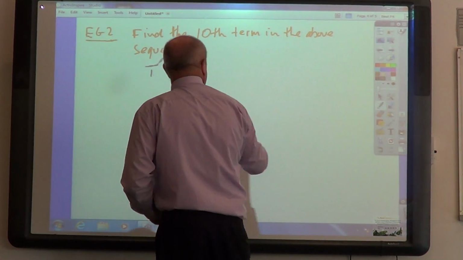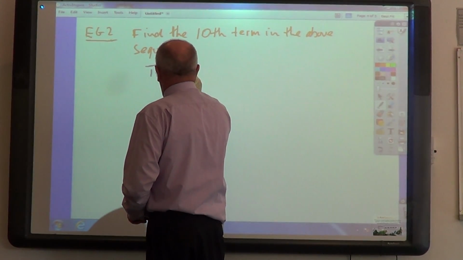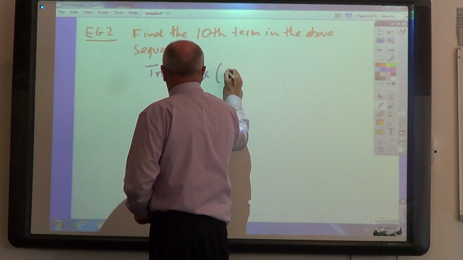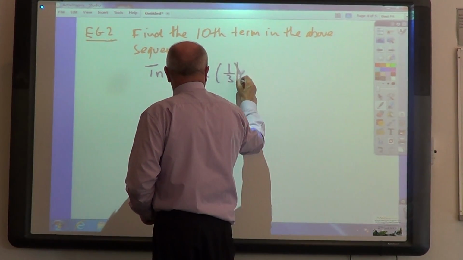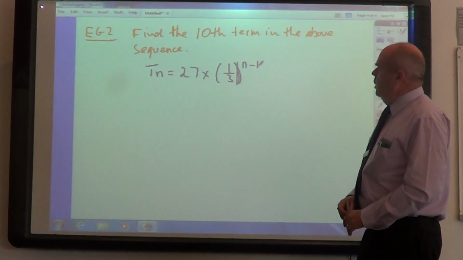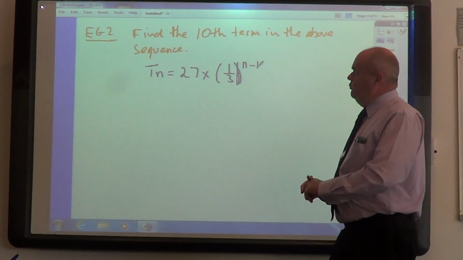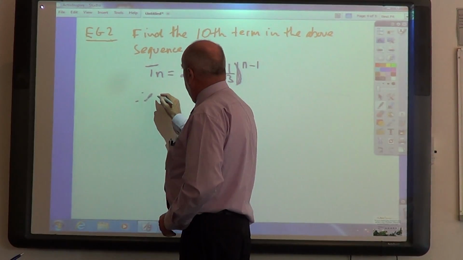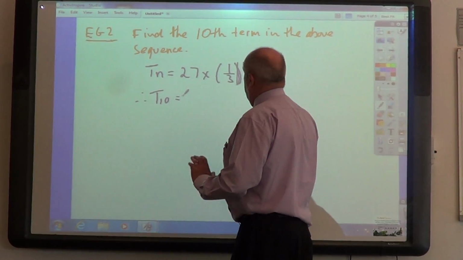Tn equals 27 times 1/3 to the power of n minus 1. Sorry, that's a bit messy. So it's 1/3 raised to the power of n minus 1. So to find T10 is a simple matter of substituting 10 for n.